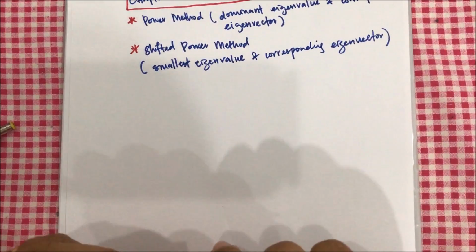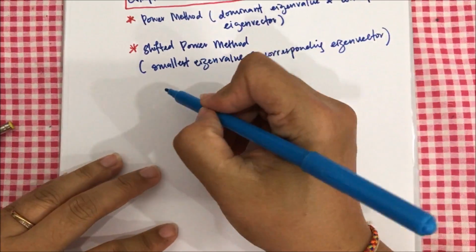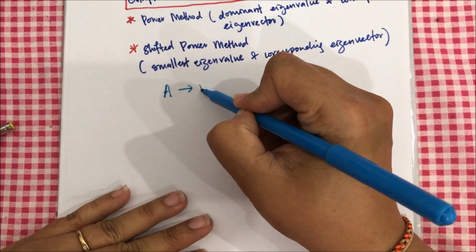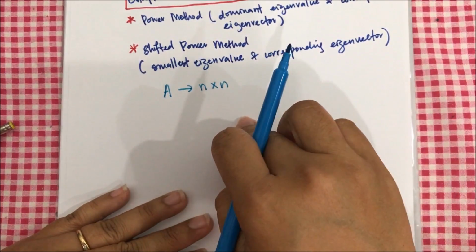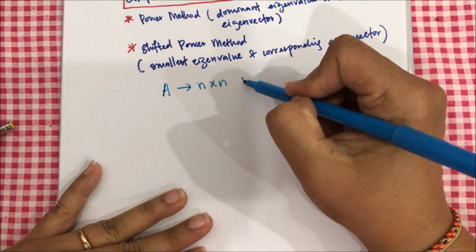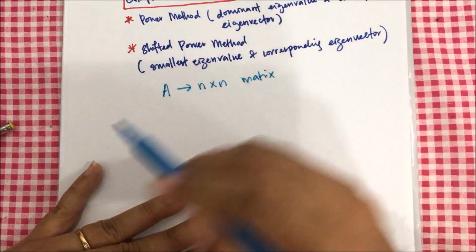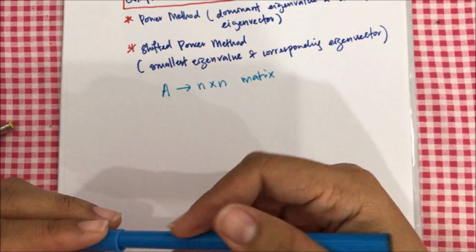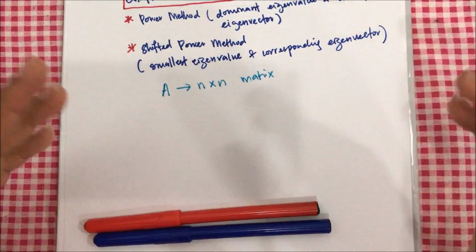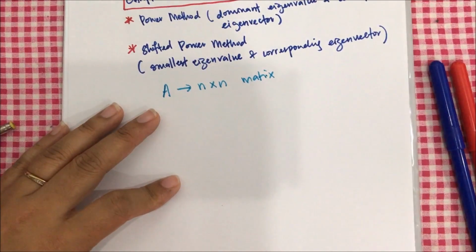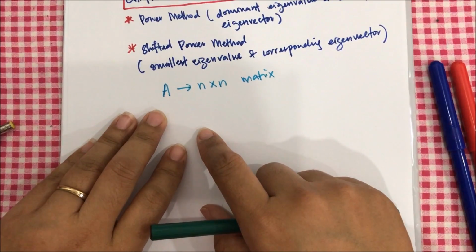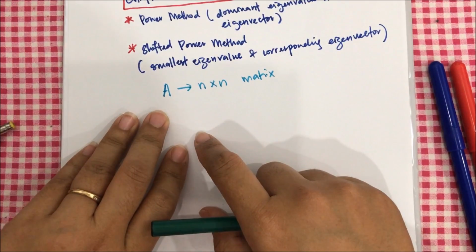Let's say we have a square matrix A, where this matrix is n times n, that is a square, either 2 times 2 matrix, 3 times 3, 4 times 4, and so on. By the way, before this, we normally resolved the linear equation system.